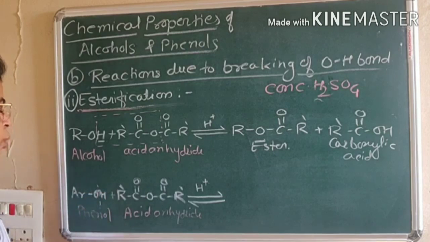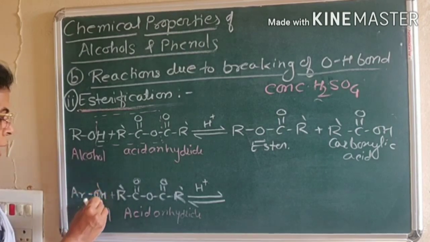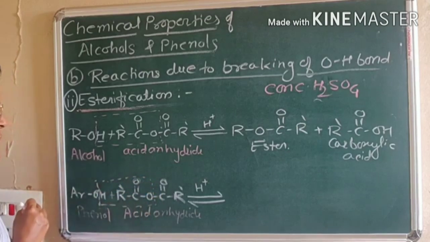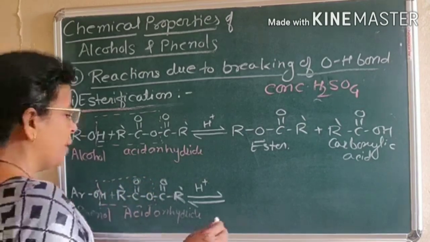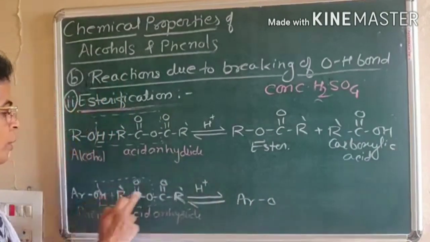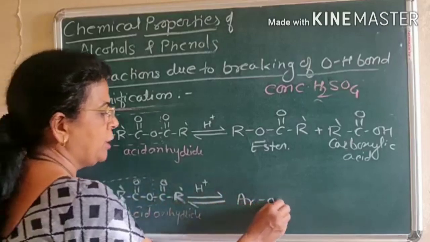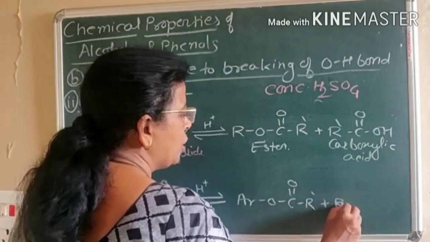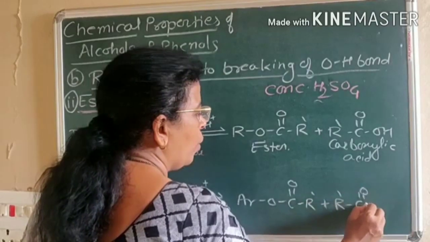Here the OH bond breaks, and the same kind of breaking takes place here to form ArO C double bond O R dash plus R dash C double bond O OH.